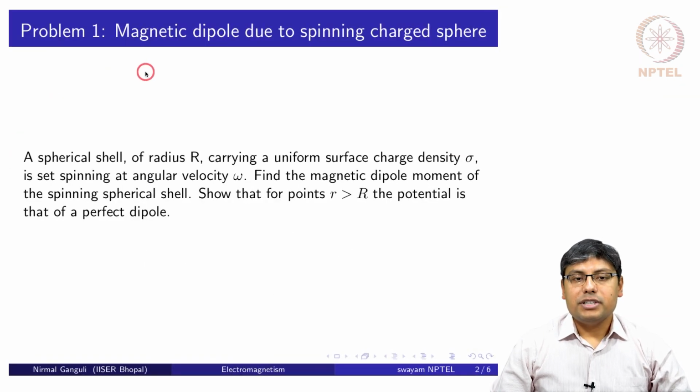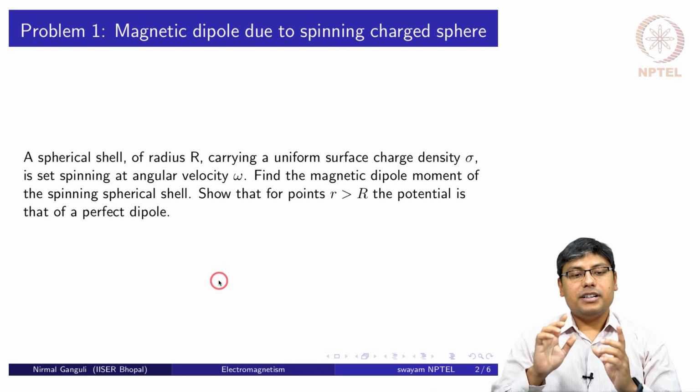The first problem is about the magnetic dipole due to a spinning charged sphere. You have a spherical shell of radius capital R that carries a uniform surface charge density sigma.